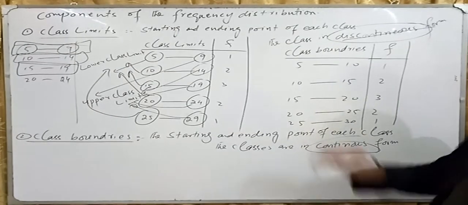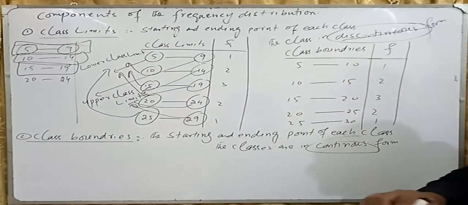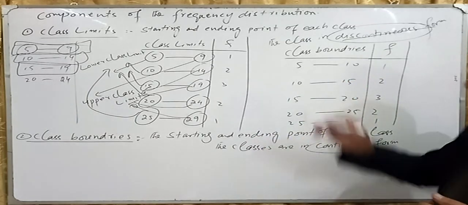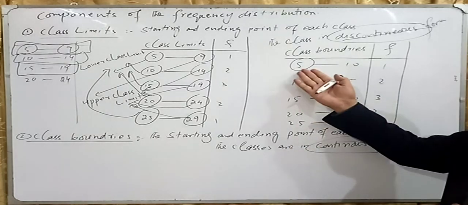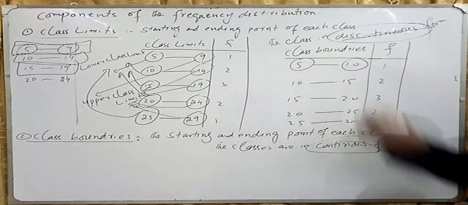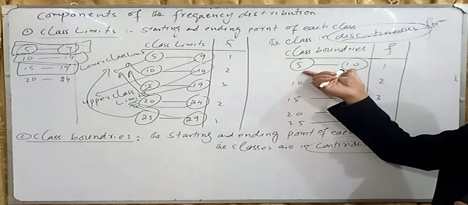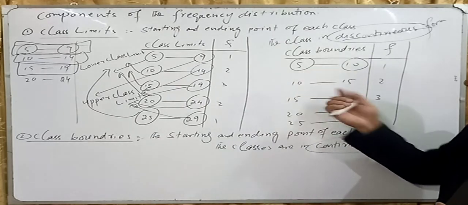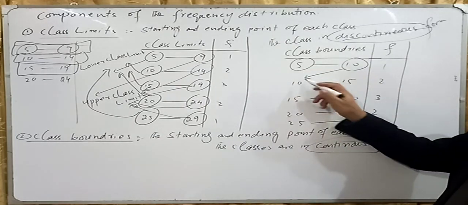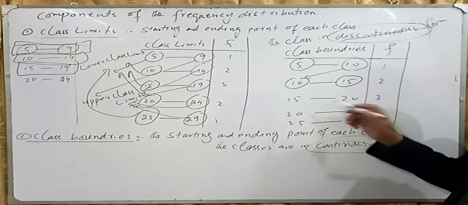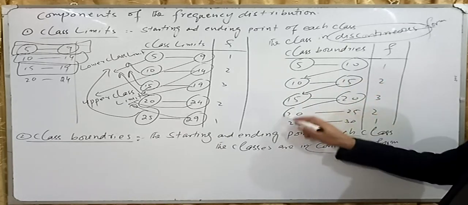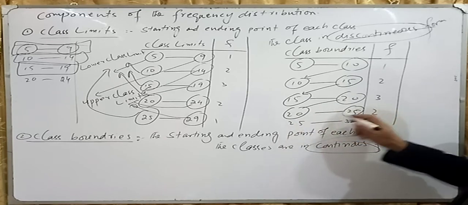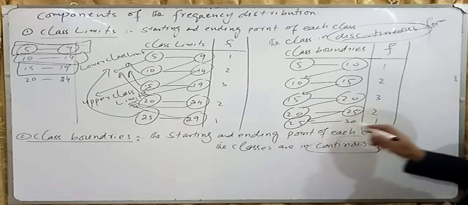Continuous form means that when we have the classes like this, if there is a repetition between the classes, look at the starting point. If a class starts from 5 up to 10, that is the first one, then we have another one that starts from 10 to 15, then from 15 to 20, then from 20 to 25, then from 25 to 30.